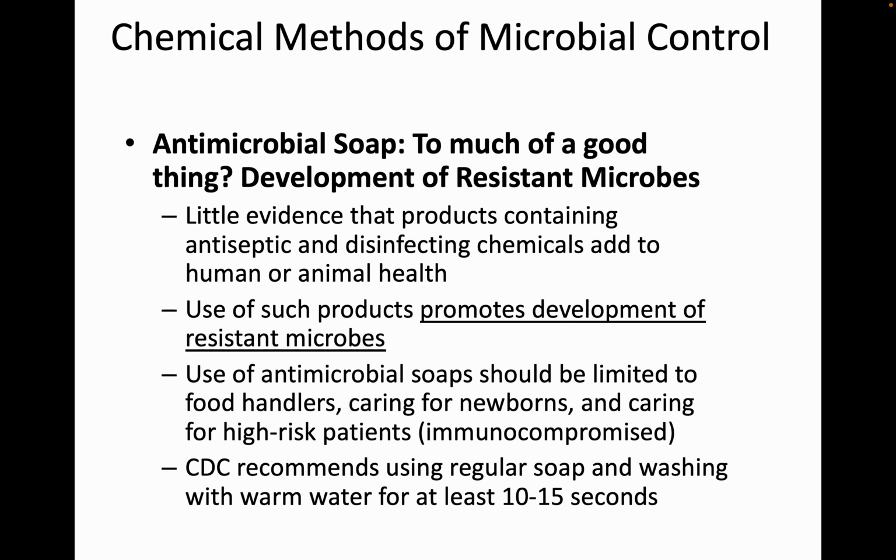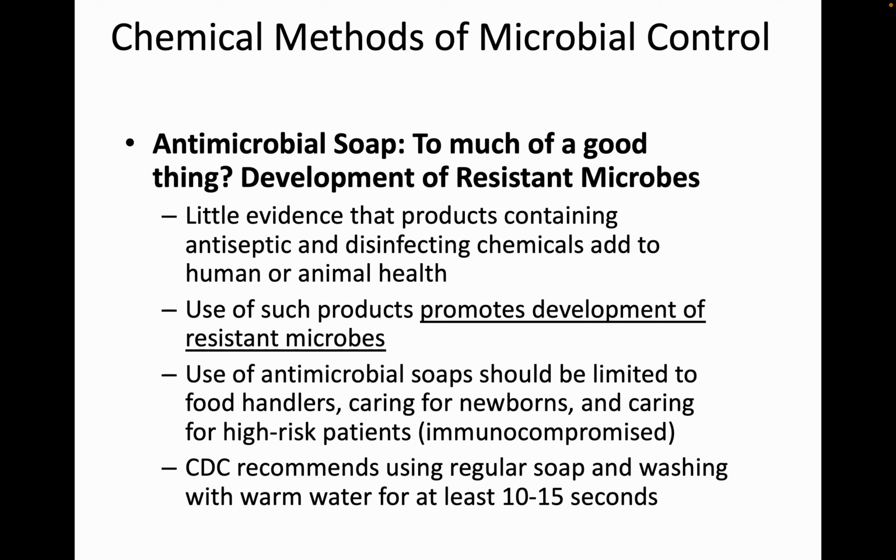All right, so some other chemical methods for microbial control are the use of antimicrobial soap. Is this too much of a good thing? And how has it led to the development of resistant microbes? There's little evidence that products containing antiseptic or disinfecting chemicals add to any human or animal health benefits.